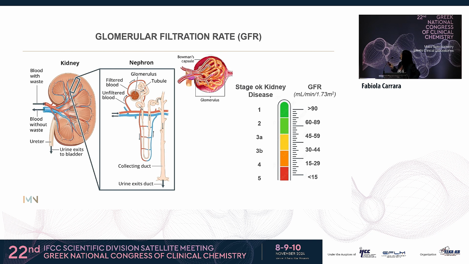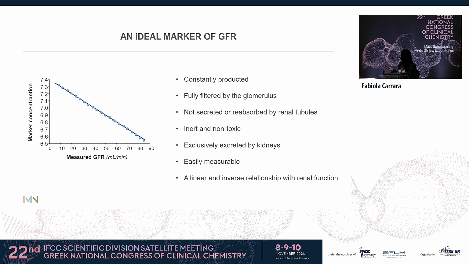So the glomerular filtration rate is the amount of blood filtered in 1 minute by the kidney. Here we can see the normal range for GFR. In green, normal condition, and in red, the requirement of dialysis and kidney transplantation. To measure GFR, we need a marker.